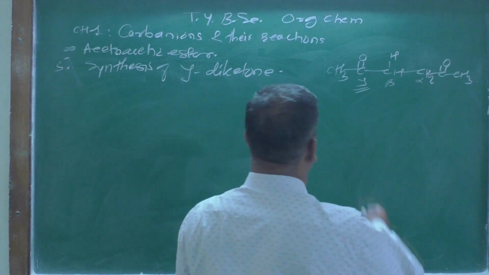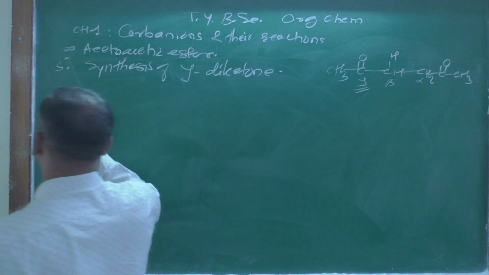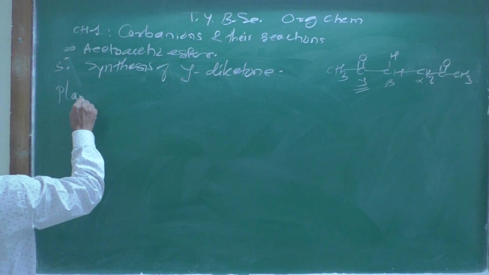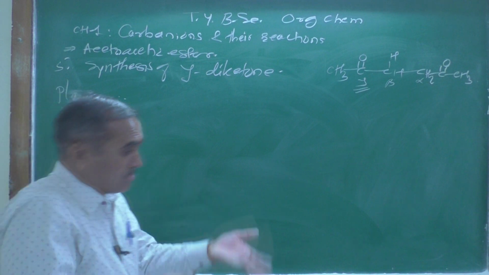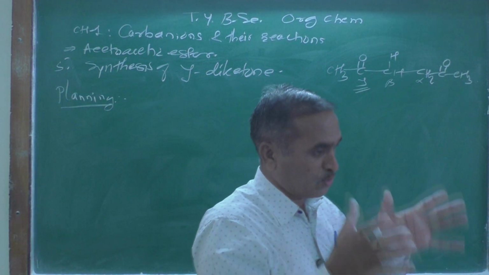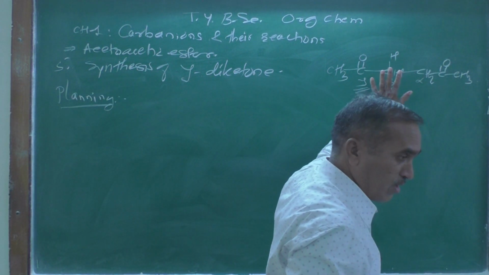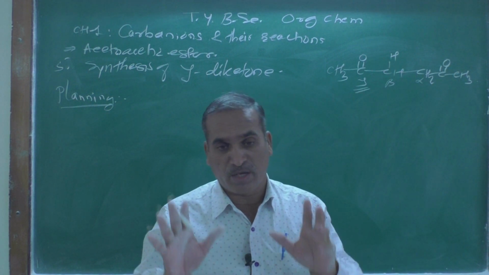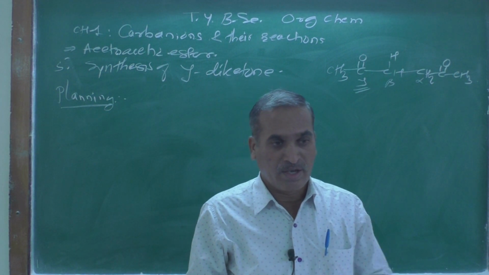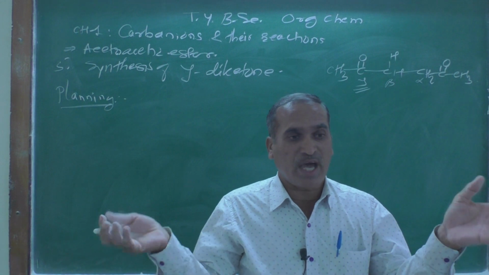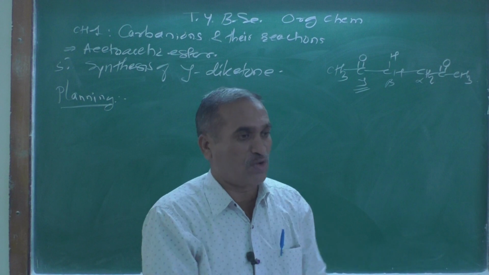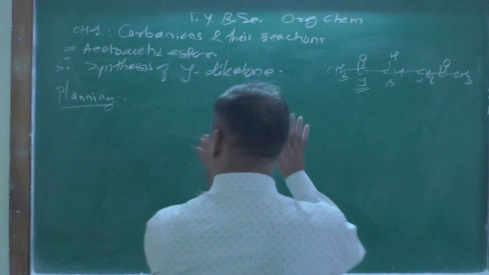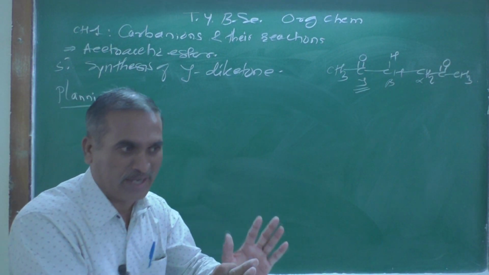That again is a planning here. Do the proper planning. While doing proper planning, we are analyzing how we are going to synthesize this target molecule, how we can prepare it, and from where we can join the parts together so that we can achieve that target molecule. So that is nothing but a planning analysis.